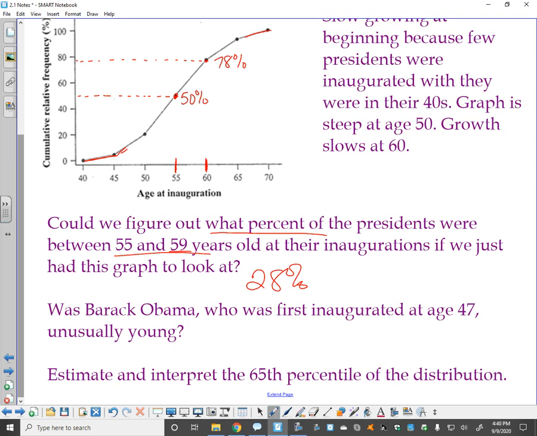Was Barack Obama, who was first inaugurated at age 47, unusually young? And then obviously you want data to back your answer up. So you can't just say yes or no. So at age 47, he is in the, I don't know, maybe 11th percentile.